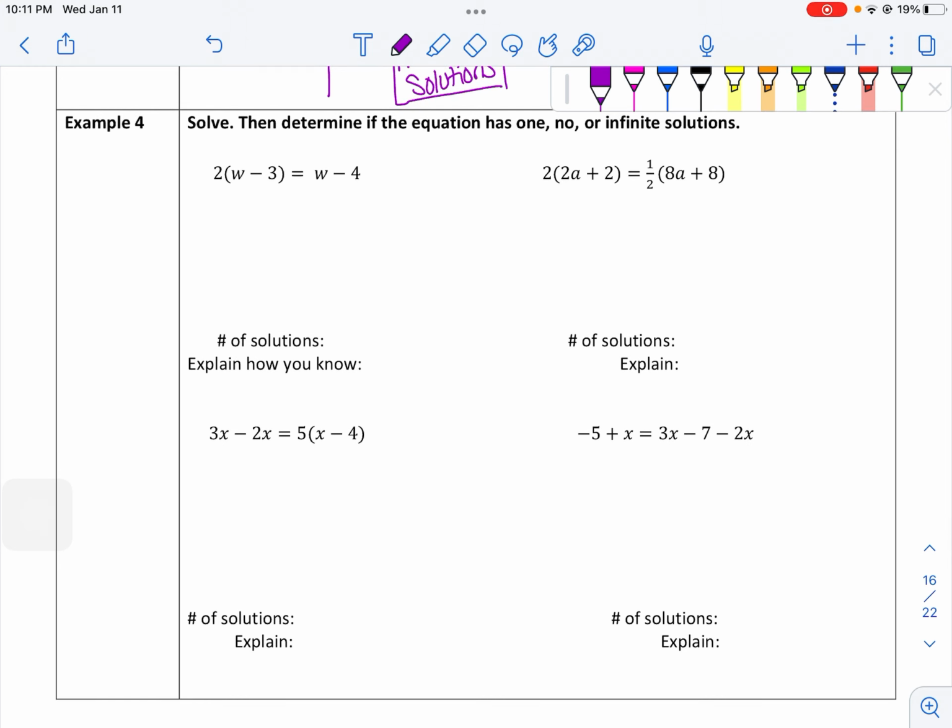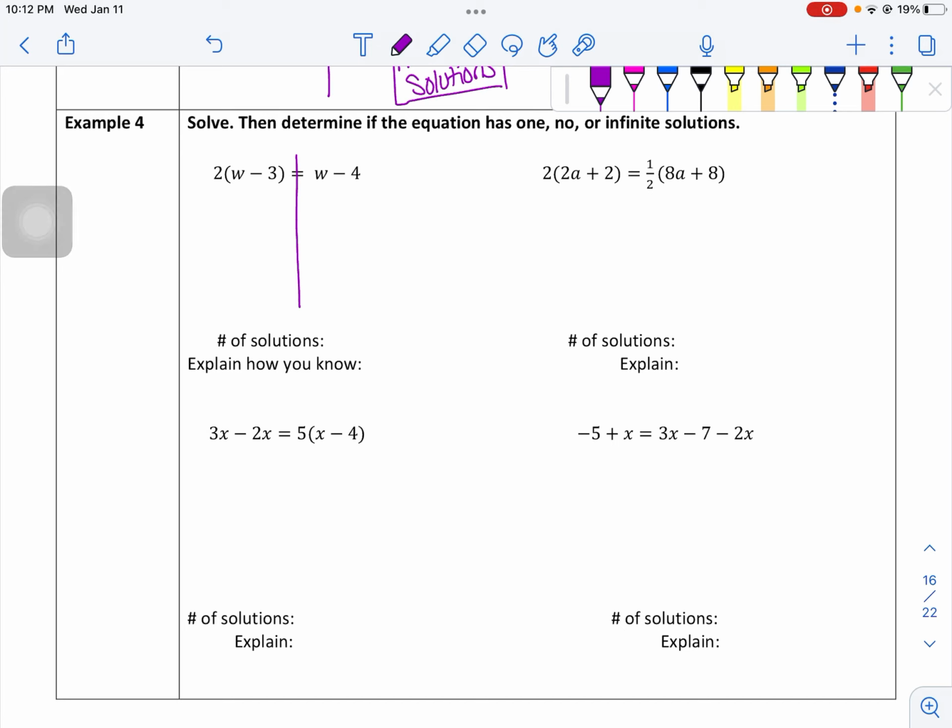All right, let's try just a couple more. We're going to determine the number of solutions, and if it has one, we're going to find it. So looking at our first example, these equations appear to be different. So it's possible that it would have one solution.